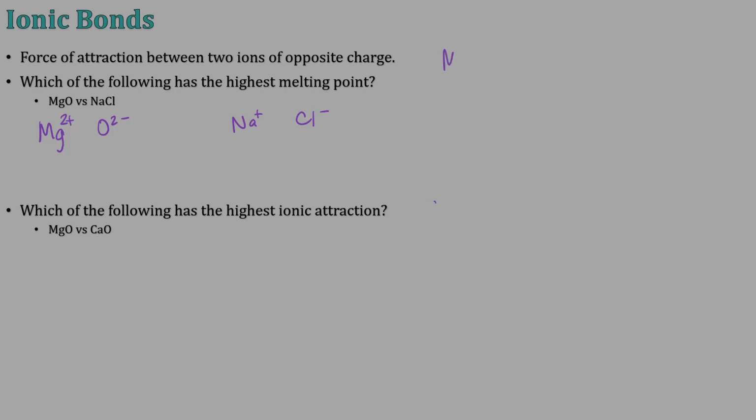Now when we melt something like magnesium oxide, it's going to turn into magnesium ions that are liquid and oxide ions that are liquid. That means that the attraction between these two is an intermolecular force, and it's not like a real bond, because if we look at H2O solid, which is ice, and we melt it, it turns into H2O liquid.